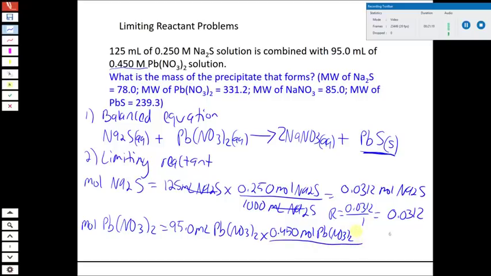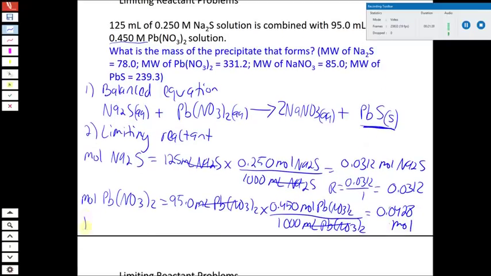That's 0.45 moles of lead nitrate per 1,000 milliliters of solution. And so what we get in this case is 0.0428 moles of lead nitrate. And then for the stoichiometric ratio, there's a coefficient of 1, so it's the same number. Number of moles divided by the coefficient, which is 1, so we get a stoichiometric ratio of 0.0428.